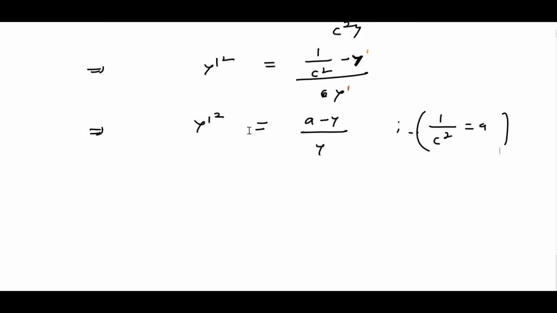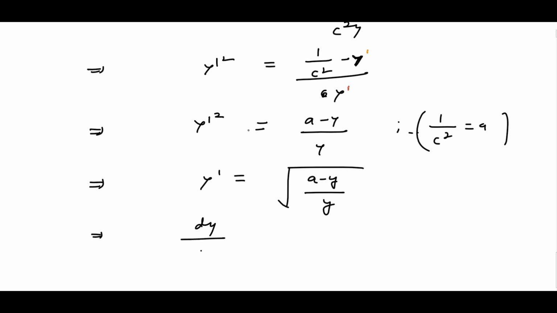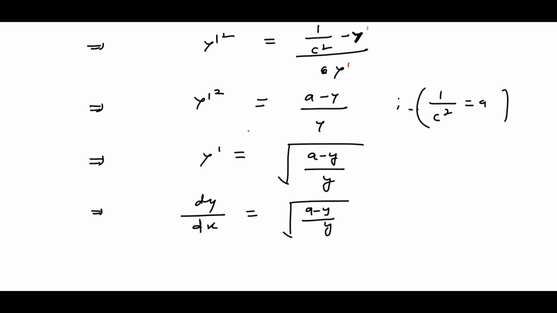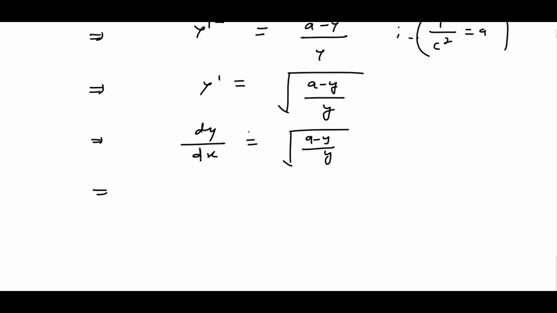So now further take the square root on both sides. That is, y' is equal to the square root of a minus y over y. So dy over dx is equal to the square root of a minus y over y. So we can write this in variable separable form: root y dy over square root of a minus y is equal to dx.